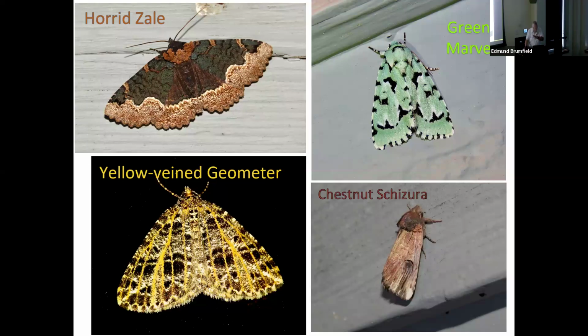So before I forgot, I walked into the office, called up the program, and I made the necessary change. And just as I was congratulating myself on avoiding a stupid error that I'm sure everyone here would have noticed, I said, wait a minute. No, yellow vein geometer is a viburnum feeder. I was right the first time. Then I had to switch it back again.